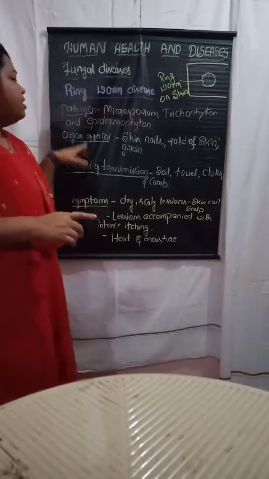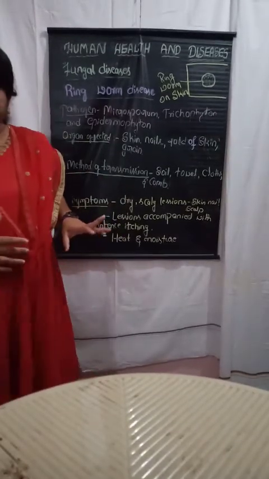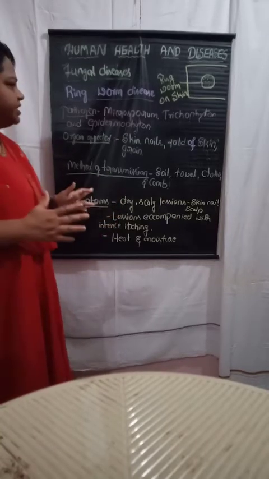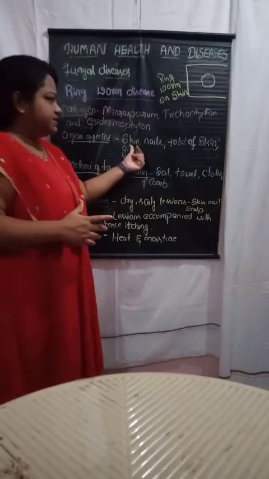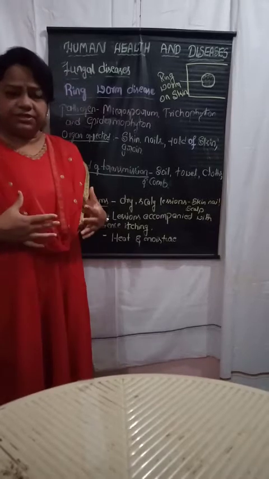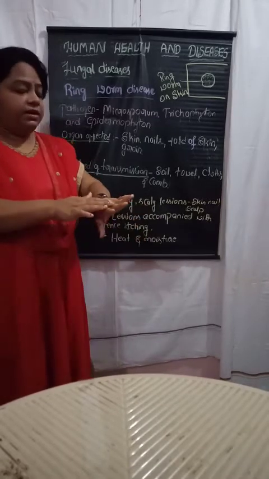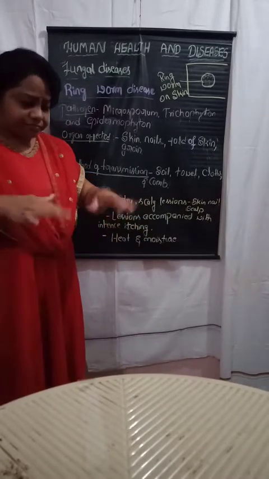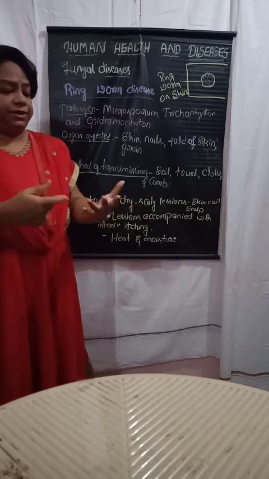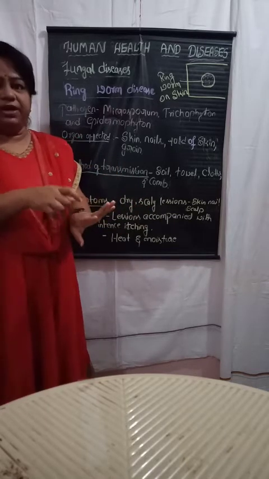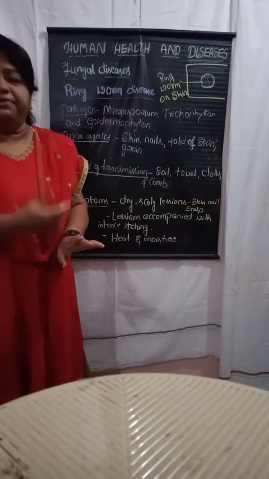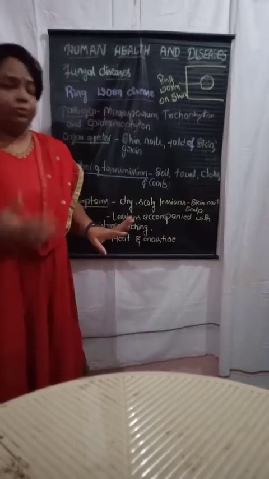Which organs are affected? The affected organs are the skin, on the surface of our skin everywhere, wherever we feel itching, start itching, and again feel the need to itch.